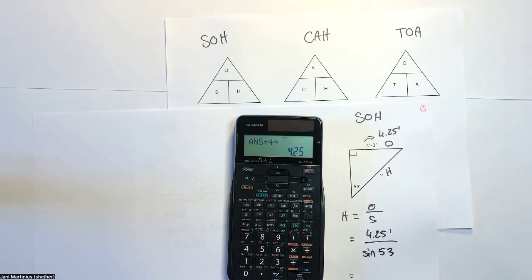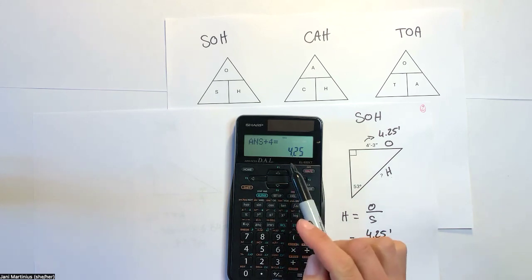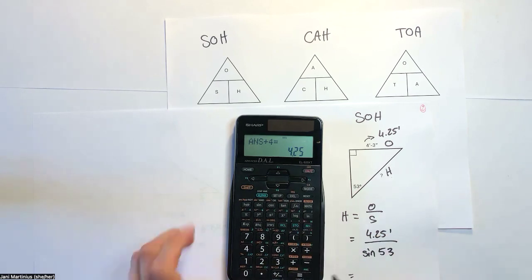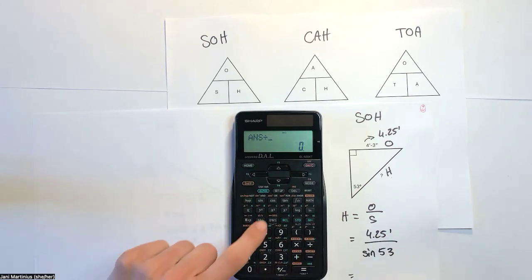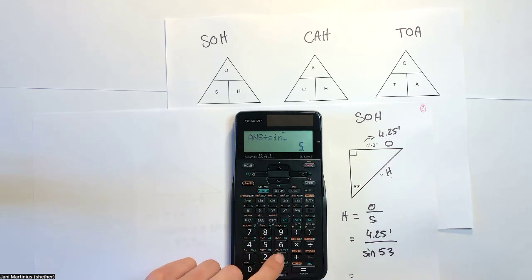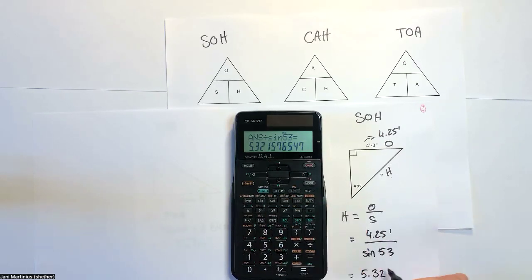And again, popping that into the calculator, I can just leave the 4.25 in there, divided by sine 53 gives me 5.32, and I can round that, and we are in feet.